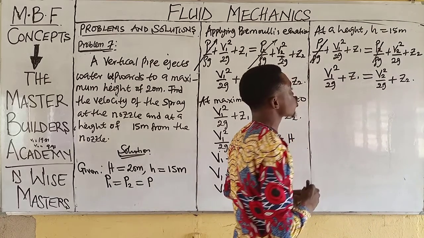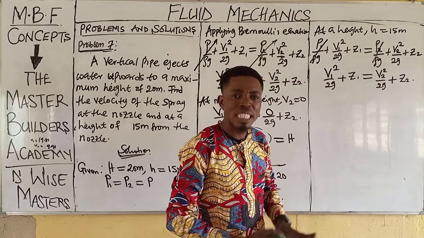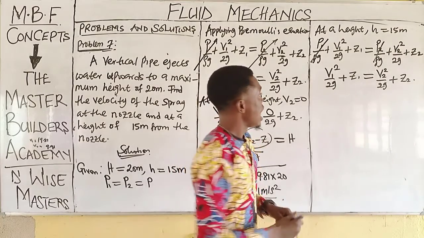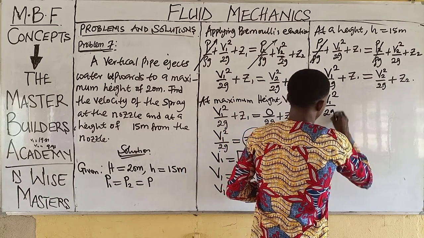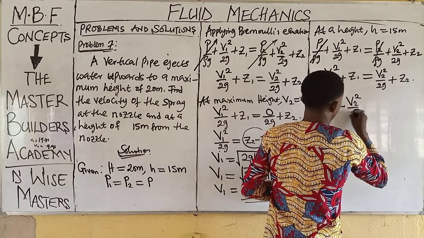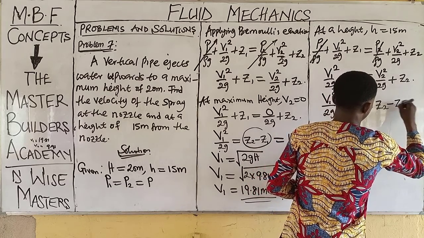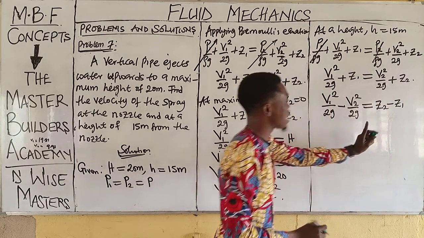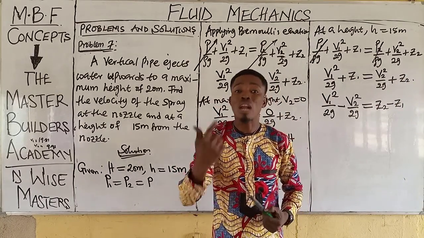Now we are quickly going to make v2 the subject of the formula. We have v1 squared over 2g minus this term, all over 2g, is equal to z2 minus z1. We know earlier on that z2 minus z1, which is the difference in elevation, gives us h.